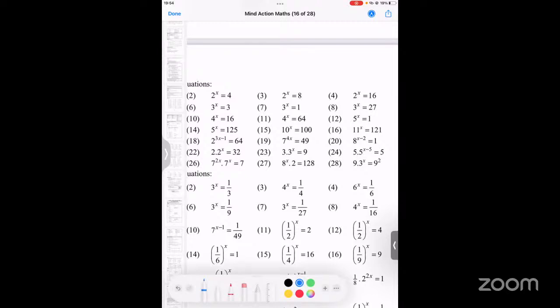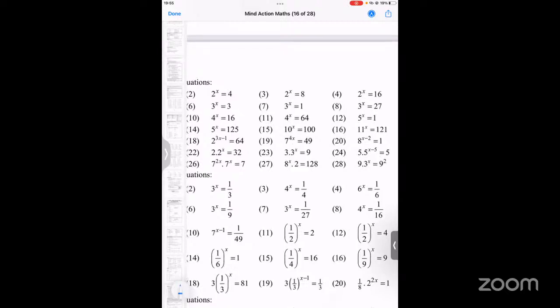Somehow, working it out, I got a fraction. So I'm just trying to figure it out. The number I got was 1 to the power of 3. Okay.